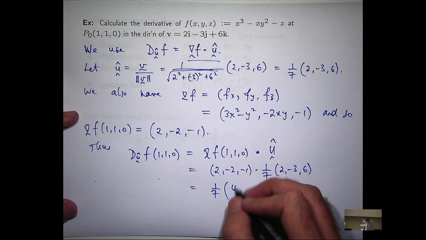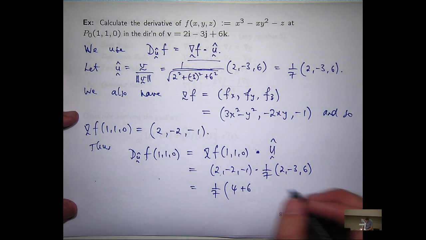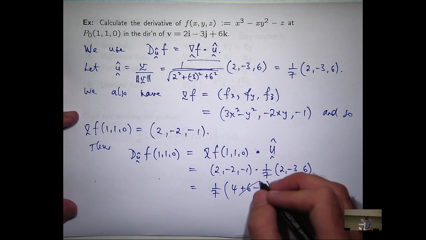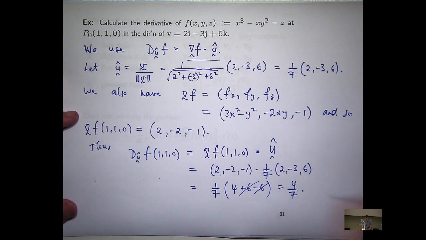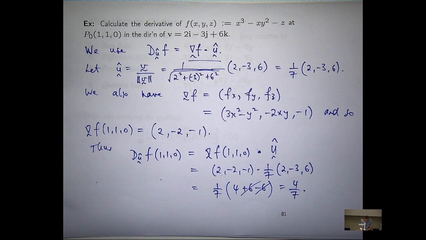So we get 4 plus 6 minus 6, 4/7. Again, pretty standard example. It might be worth a couple of marks. No more. Just a couple of marks.